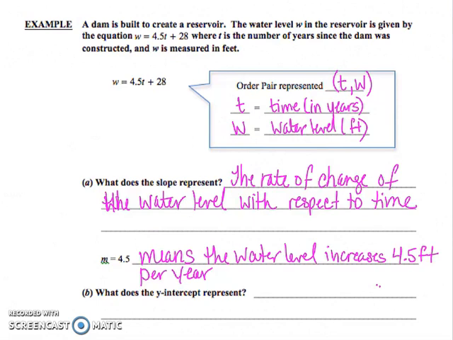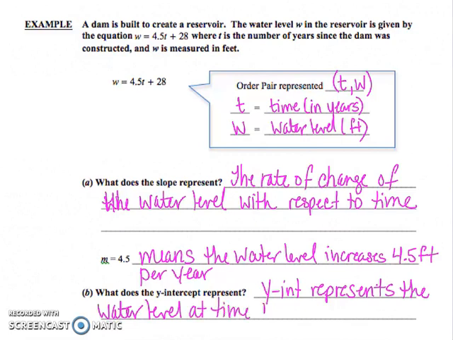And then finally, what does the y-intercept represent in this problem? The y-intercept represents the water level at time t equals 0, which is when the dam was built. Which was 28 feet.